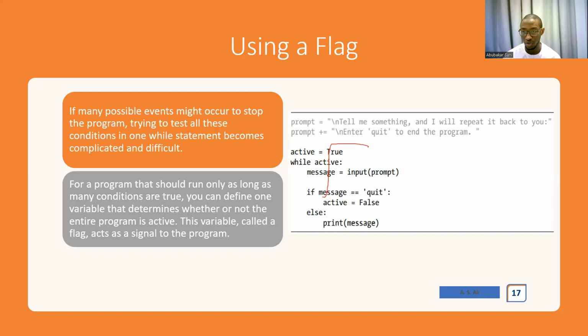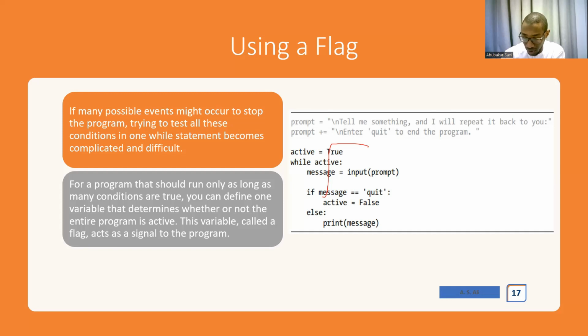There is something we also call the flag. As you can see there, we have a message called quit that takes us out. We can actually use a flag, where we set the flag to be true as long as the parrot should keep going. So here we have while active.